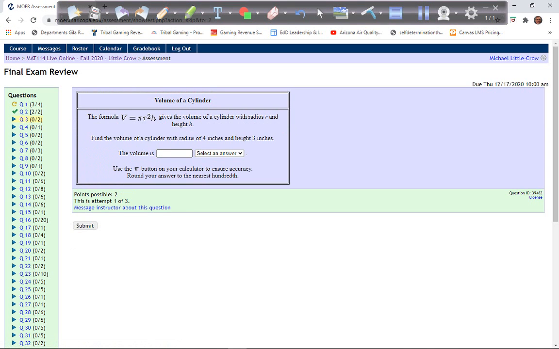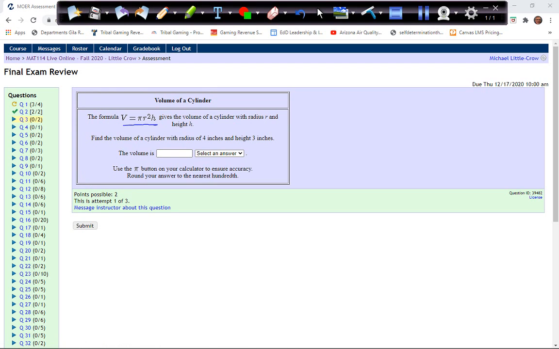So now we're given a formula here, and we're going to use this formula. Find the volume of a cylinder with radius of 4 and a height of 3. So h is for the height, r is for the radius. So we just need to substitute in, evaluate this formula. We've got pi.